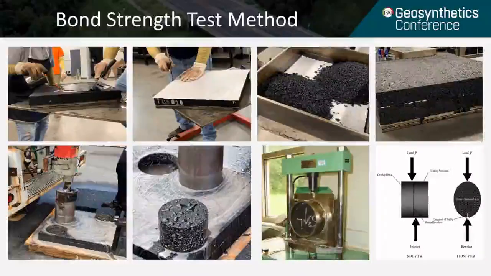After that, we drilled the 6-inch diameter cores and then ran the uncut bond strength test. The last two figures at the bottom show the uncut bond strength test device and the schematic loading plot. Basically, we want to evaluate the interlayer bonding properties.